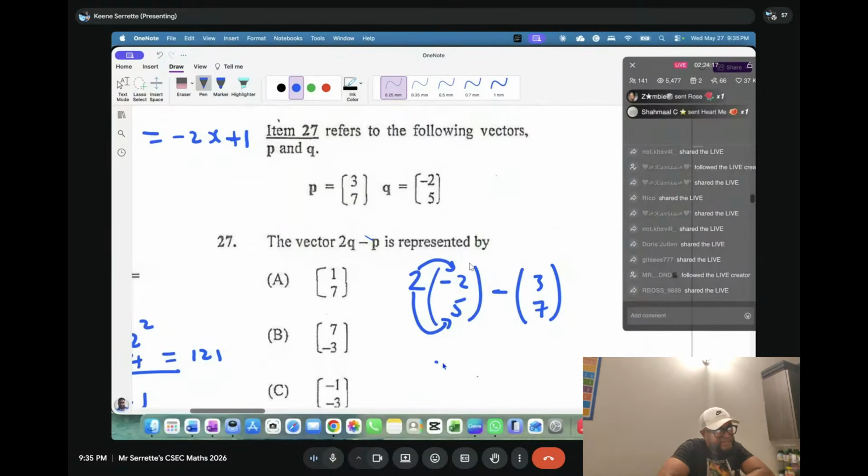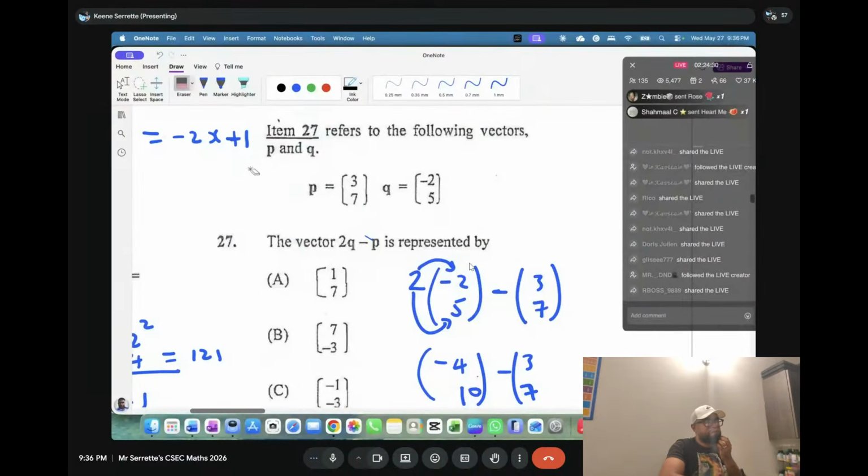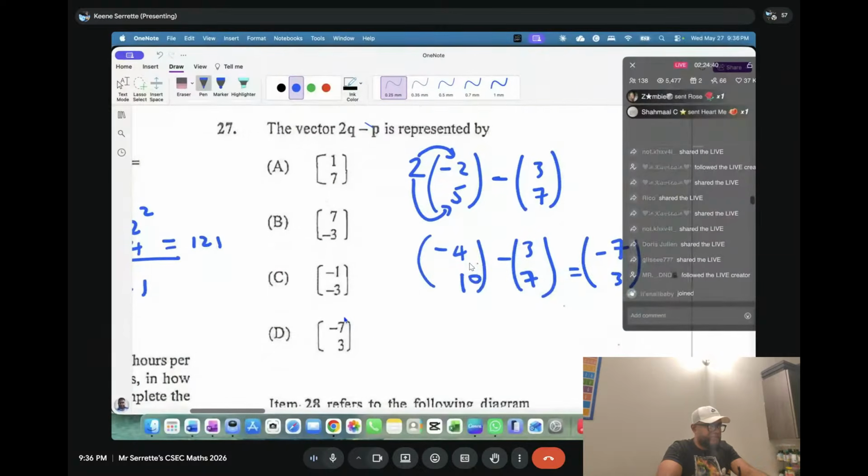So that'll be negative 4.10 minus 3.7. So this will be equal to negative 7, and 10 minus 7 would be 3. Negative 7, 3 would be D.